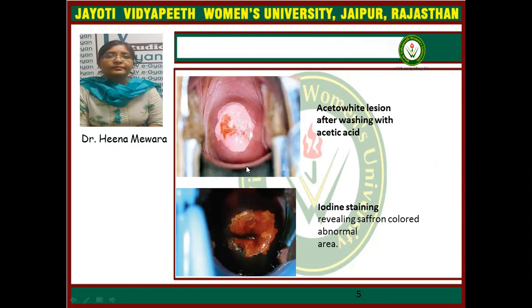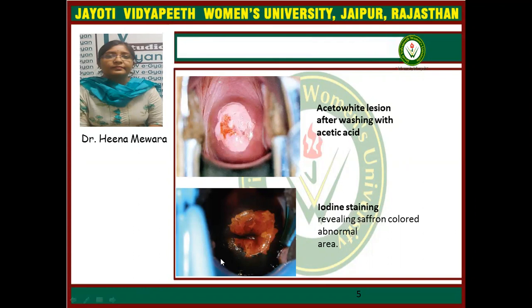The aceto-white lesions are formed due to the high protein which is present in the cervix. In the case of suspected cervical carcinoma, this is the area where biopsy is taken.